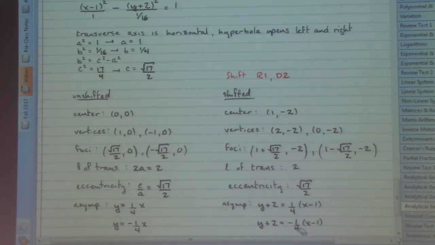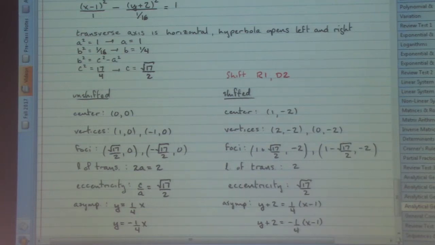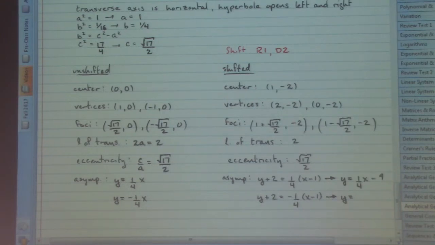And so this would allow me, if I needed to or wanted to, to convert into my normal slope-intercept form, and that would give me y equals 1/4 x minus 9/4, and y equals negative 1/4 x minus 7/4 for those two asymptotes.